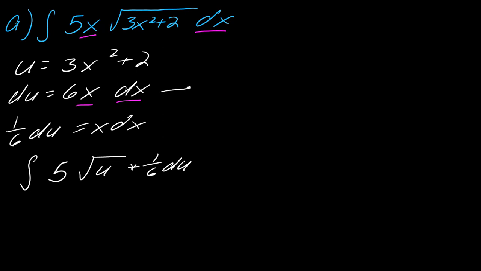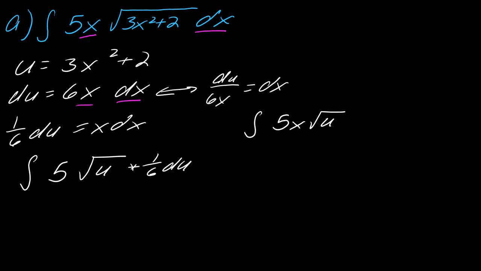However, if you don't like that explanation, I'll show you another way. I've seen a lot of people solve for dx. So you rewrite du over 6x equals dx. I just literally solve for dx. And what I see some people do is they write out the problem, so I only replace my u, and now where I have my dx, I replace this dx here with this part.